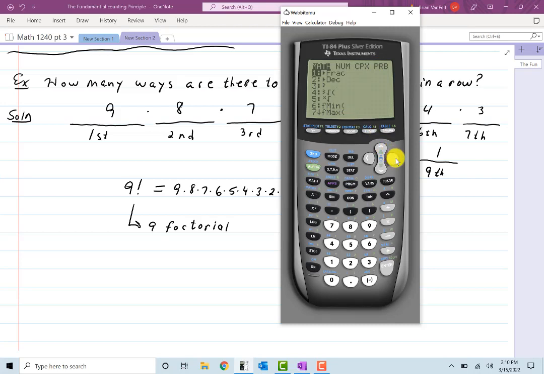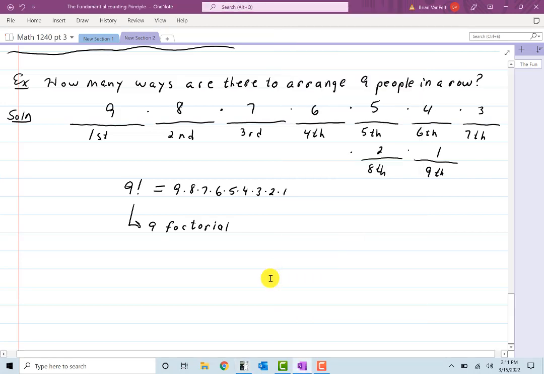You can arrow to the right to get there, or another nice thing is that you can wrap around in the reverse direction if you want. But you see I want choice number 4. Once I have that, I can hit enter. And I get my 362,880.